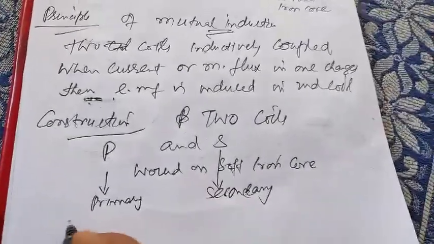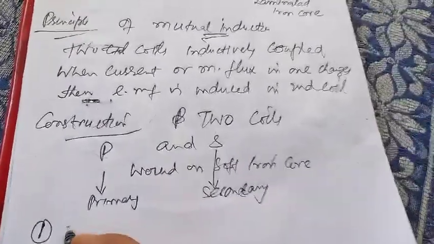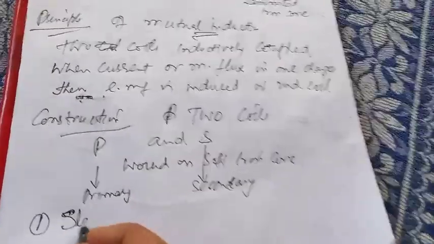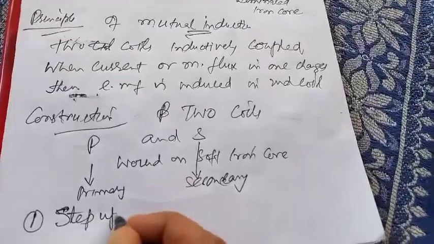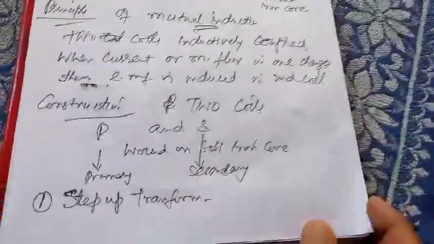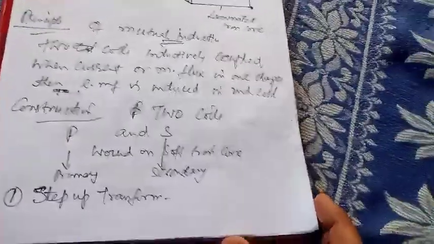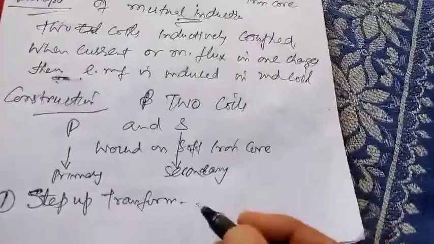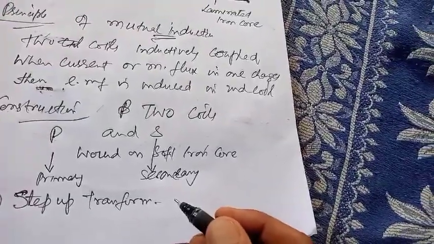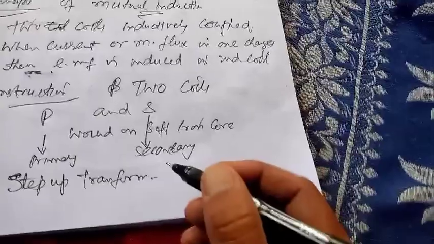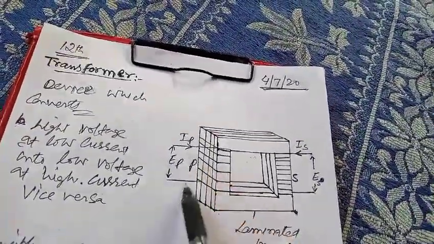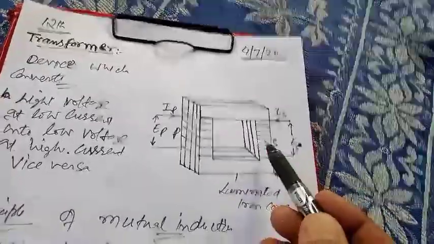Transformers are of two types. Number one, step up transformer. What is a step up transformer? See here, we have many turns in the primary coil and the S coil.